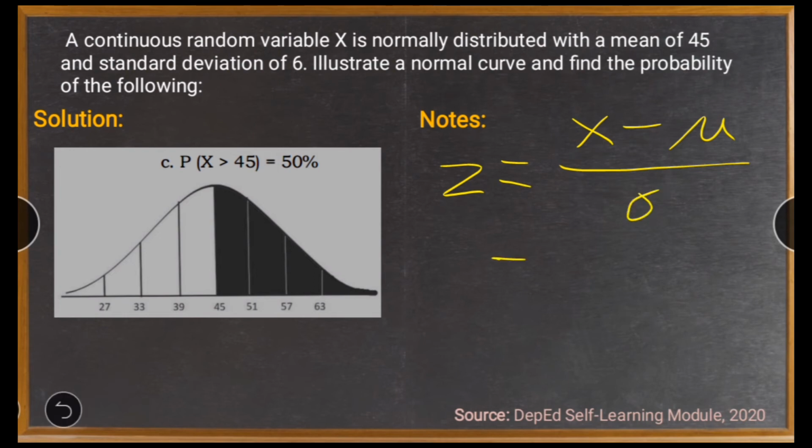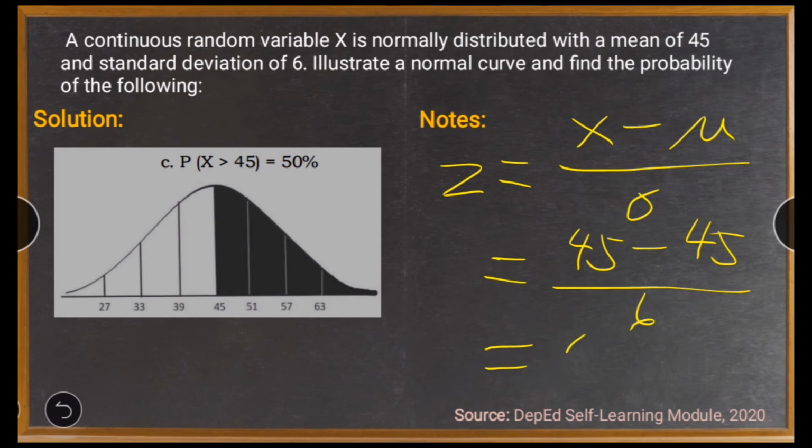What is the raw score? We have 45 minus mu 45 over 6. 45 minus 45, 0, divided by 6 is 0. So, of course, this must be 0.